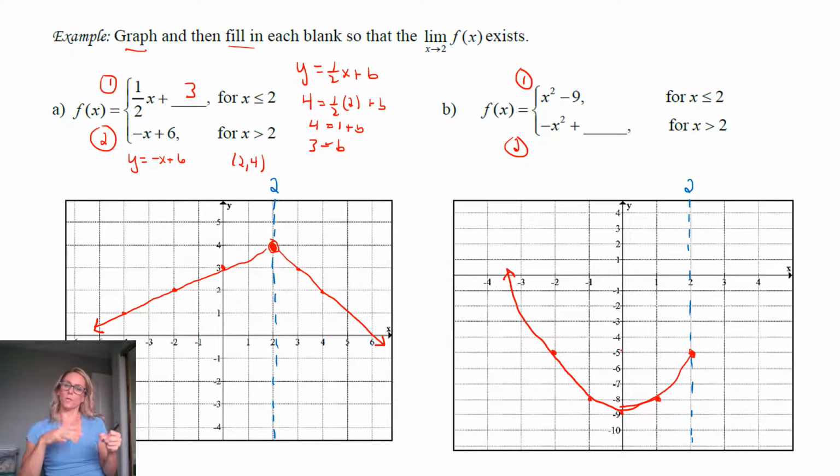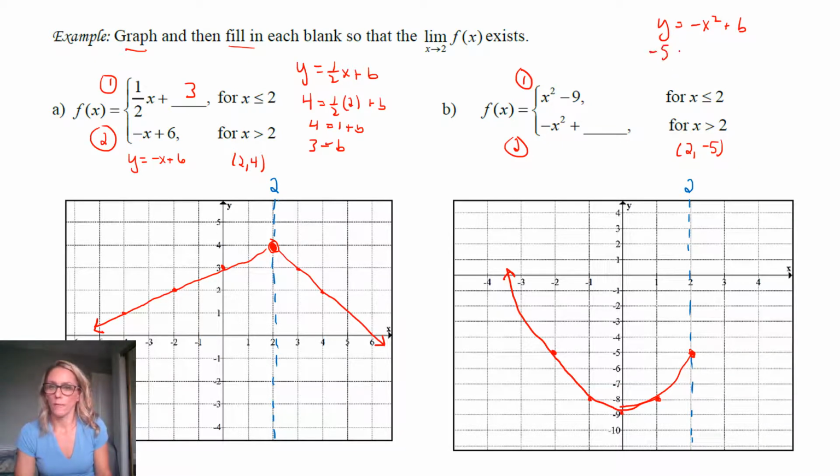So now we need our other quadratic to be on the other side. And notice that it faces downward because it's a negative x squared plus some value. So very similarly to the last one, we have this point 2, negative 5, and we want this other function to meet up at 2, negative 5. So if we write this out as y equals negative x squared plus b, b being the value we're looking for, the blank, and we know we have that 2, negative 5 that we want it to meet, it needs to have that point.